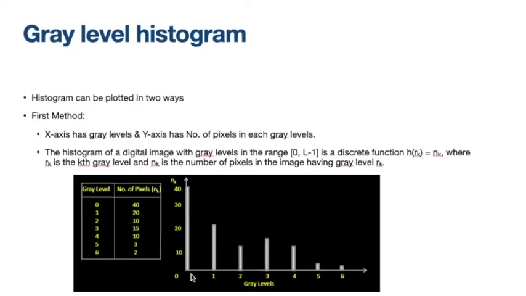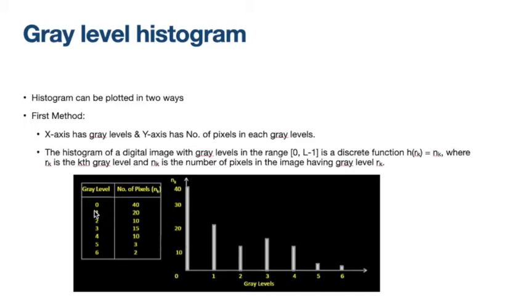Here the x-axis shows different gray levels, 0, 1, 2, 3, 4, 5, 6, so the histogram is showing gray levels in the range 0 to 6, and the y-axis is nk, which represents the number of pixels.